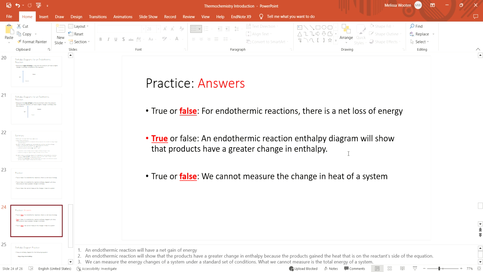The third one is false. The main measurement that we have in enthalpy is the change in heat of a system, because that is easier to measure than the total heat of the system. And then, of course, in the notes I have more elaborated explanations if you'd like to read those.